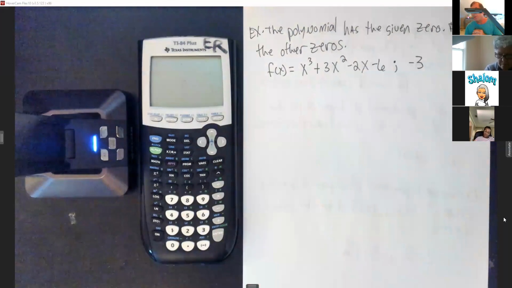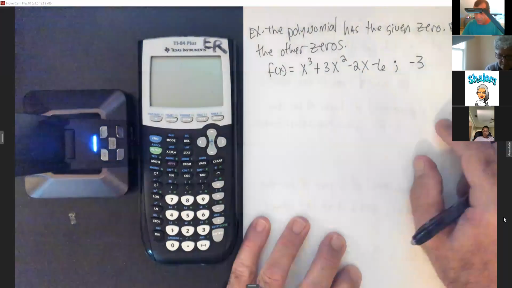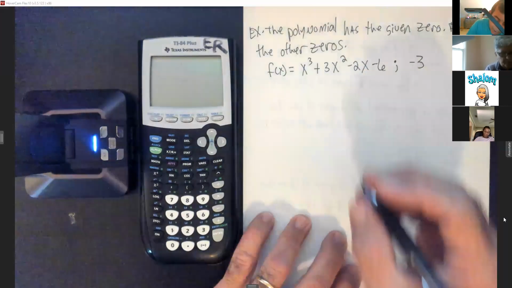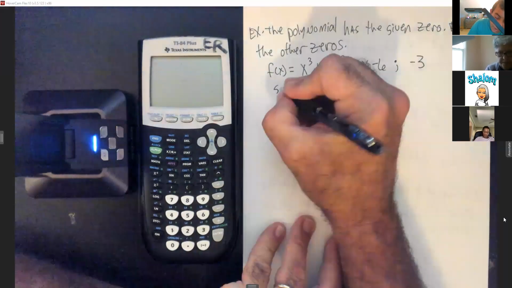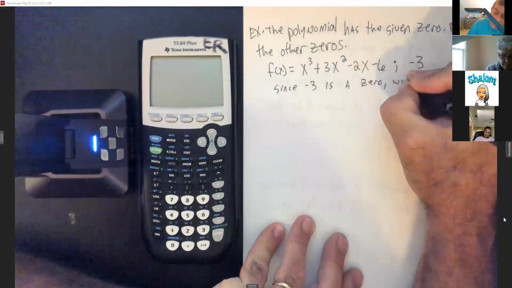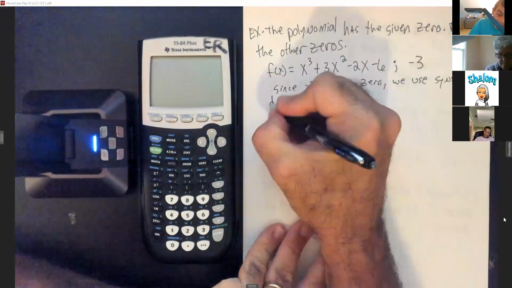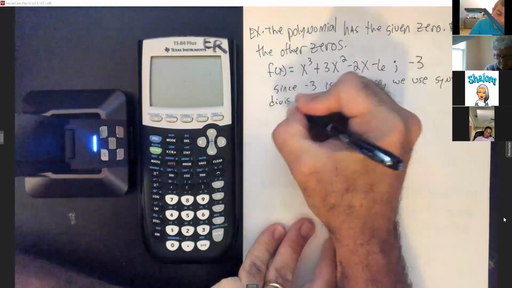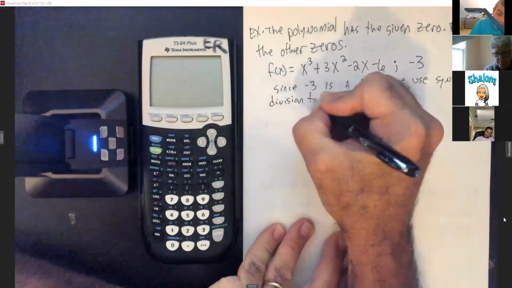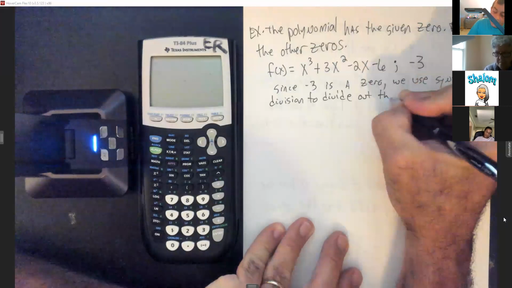So what you want to do to this, since -3 is a zero, we're going to use synthetic division. So here we go. Since -3 is a zero, we use synthetic division to divide out that zero's factor.